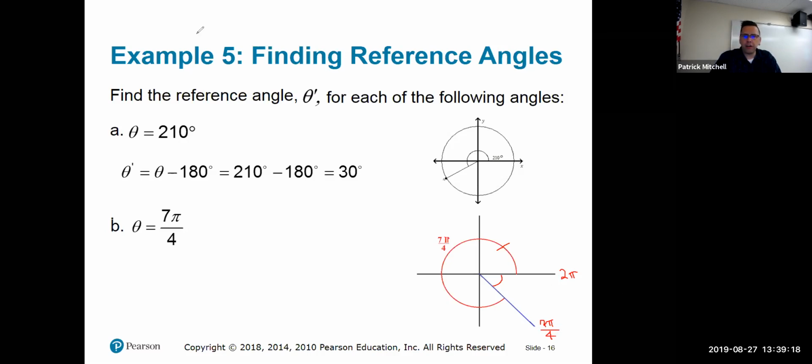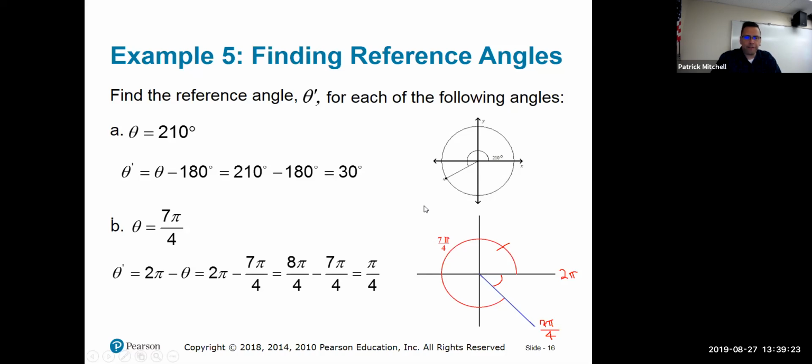So the reference angle for this angle will be 2 pi minus 7 pi over 4. You get your common denominator, and that reference angle is pi over 4. And again, I'm not calling it negative pi over 4 because I'm not paying any attention to the direction.